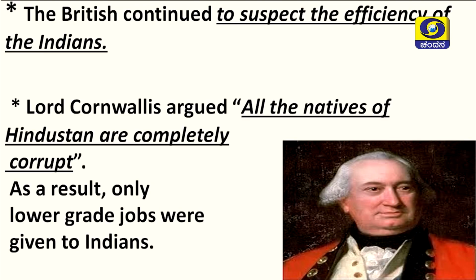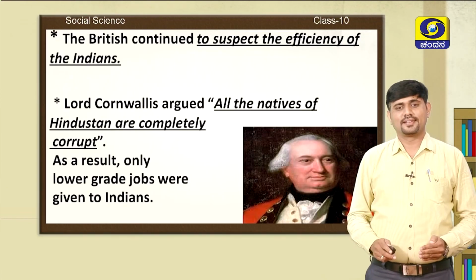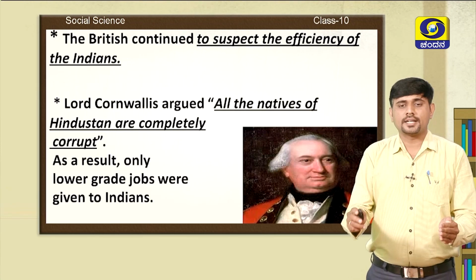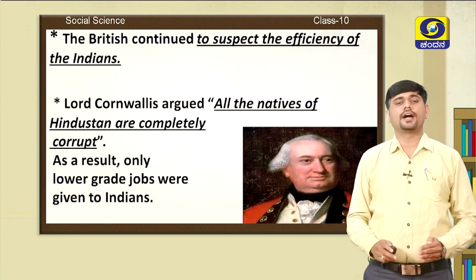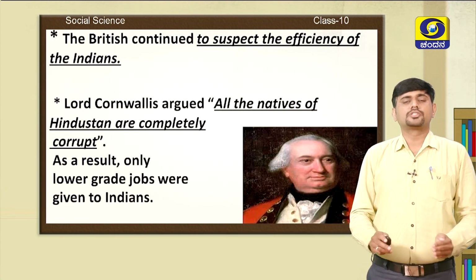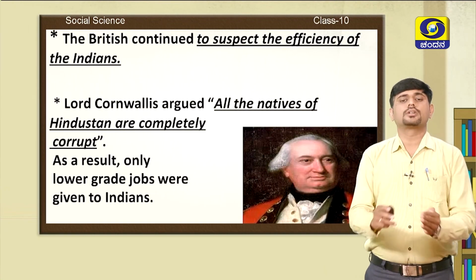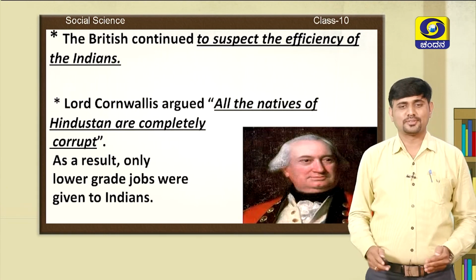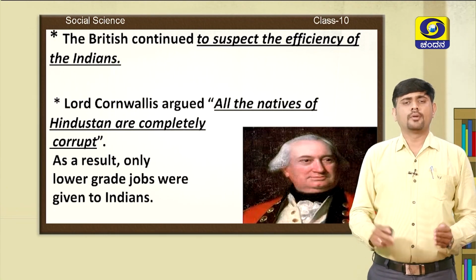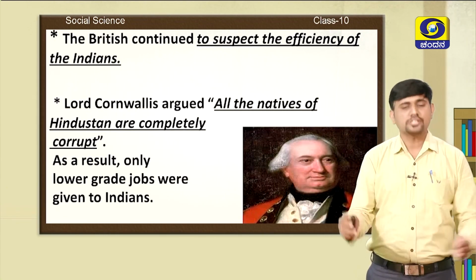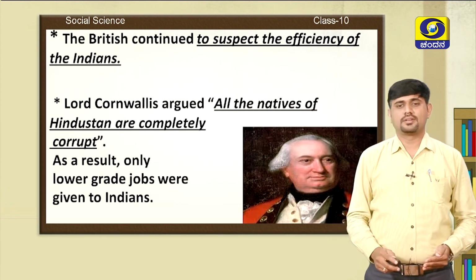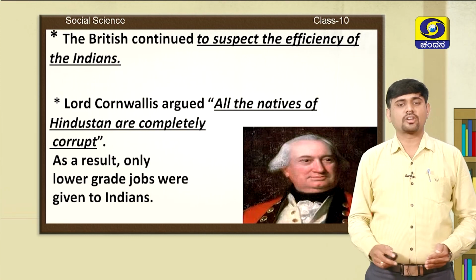Why did the British suspect the efficiency of the Indians? The reason: though the competitive examinations were started by Lord Cornwallis in India, the majority of the Indians were not qualified there. They were not able to gain good rankings. Moreover, small officials as well as zamindars were corrupt under the British East India Company authority.